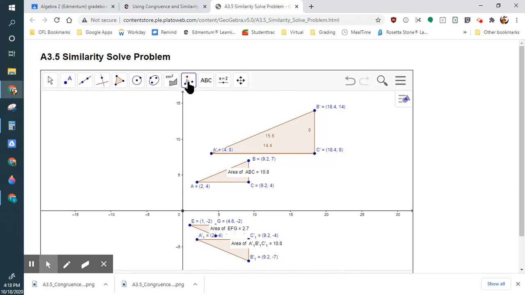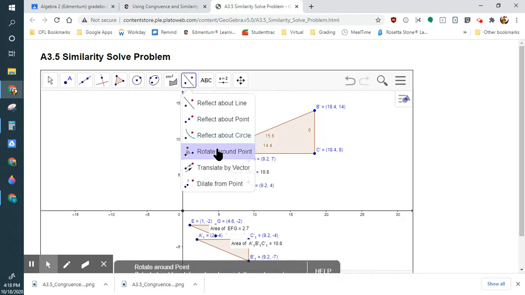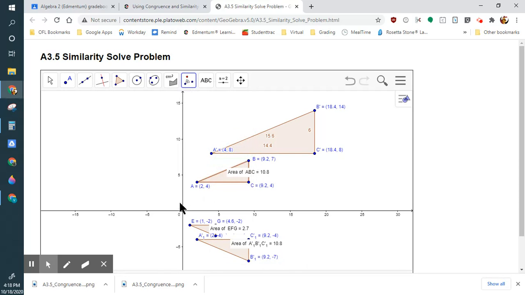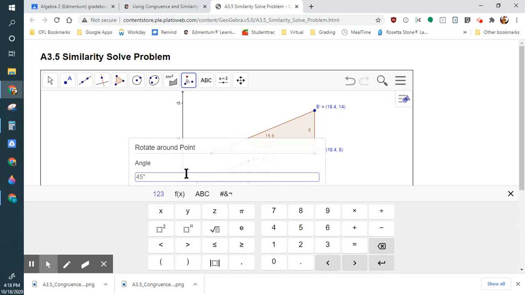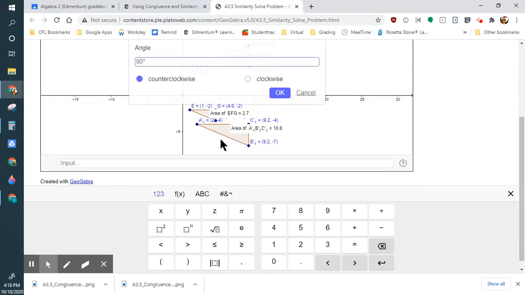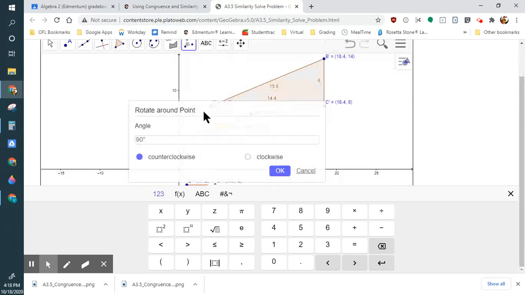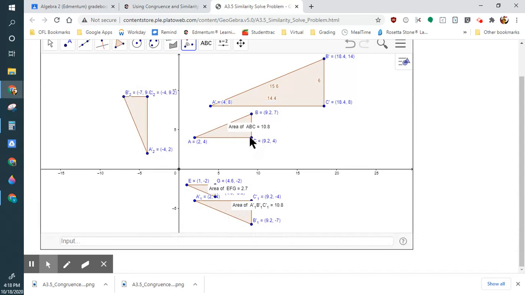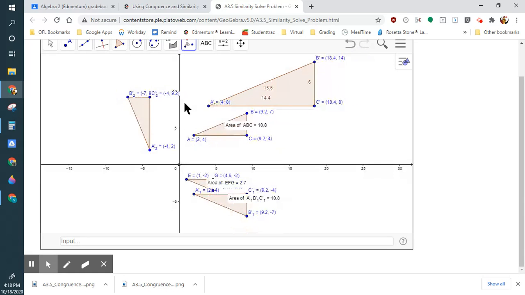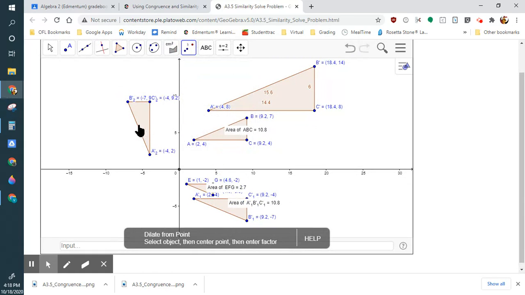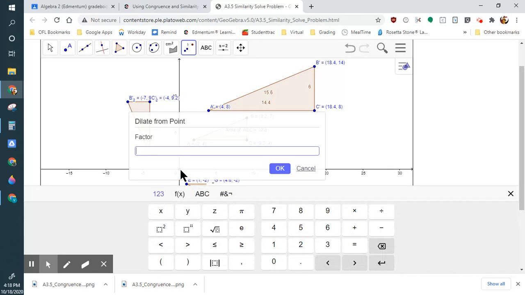No, not that one. 90 degrees. And it wants us to rotate counterclockwise. So we have that. And then it wants us to do dilation of 2.5. So go to dilation here to here, 2.5.